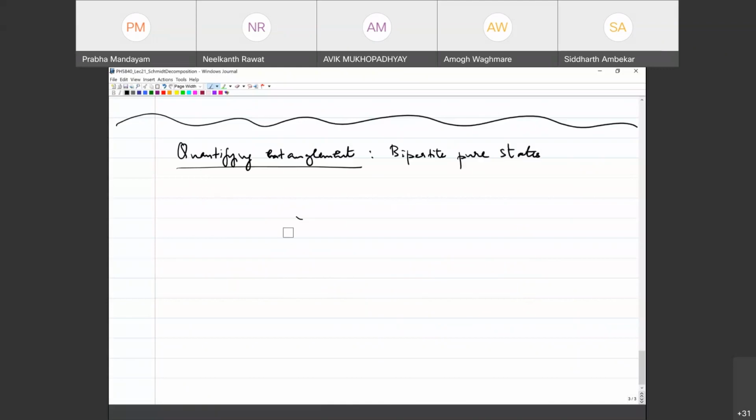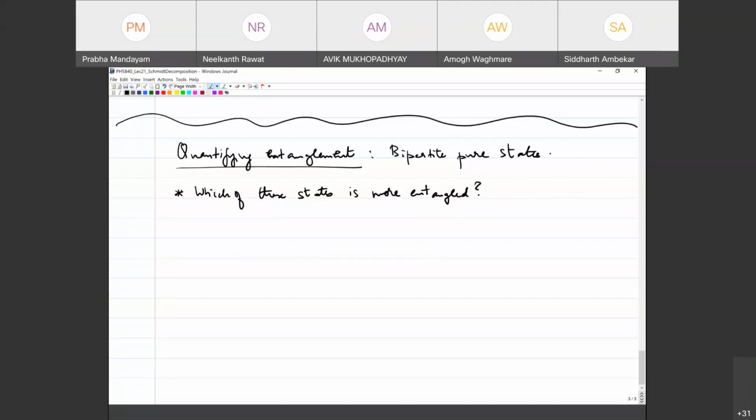So I usually start this discussion by posing a question. I'm going to give you 3 states and I'm going to ask you which of these 3 states has a greater amount of entanglement, or which is more entangled. Or, order these states according to their entanglement.